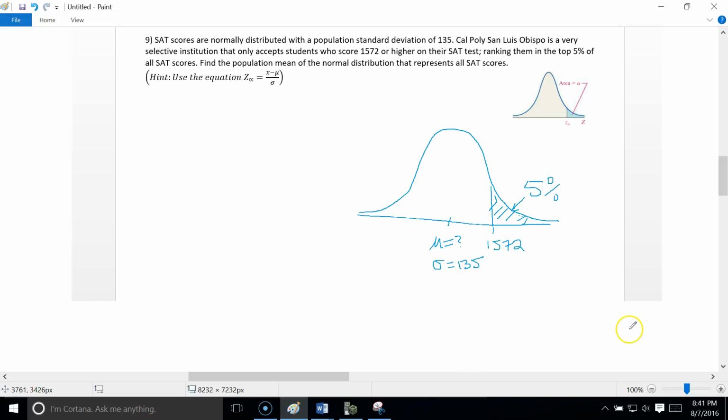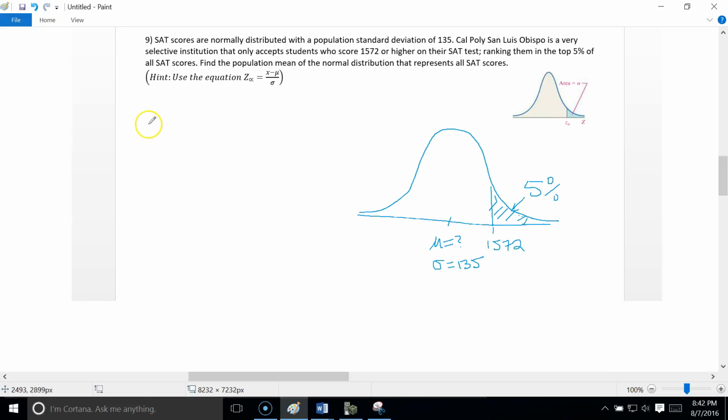Sigma is given to us as 135. Okay, so we could take advantage of the formula here for z-scores, because we can easily find how many standard deviations away from the mean you're supposed to go in order to trap the top 5%. So let's find the value of the z-score that does that. We want the z value that traps the top 5%.